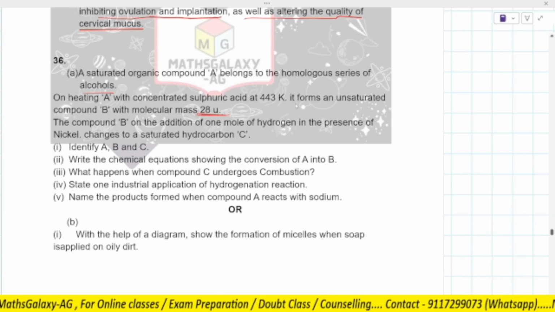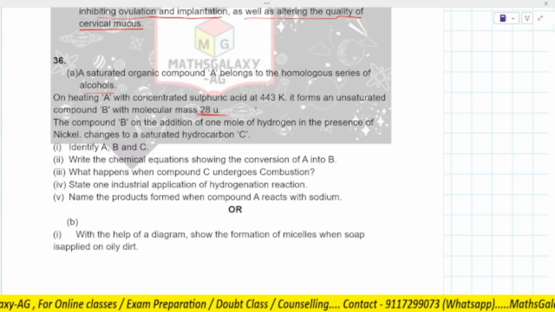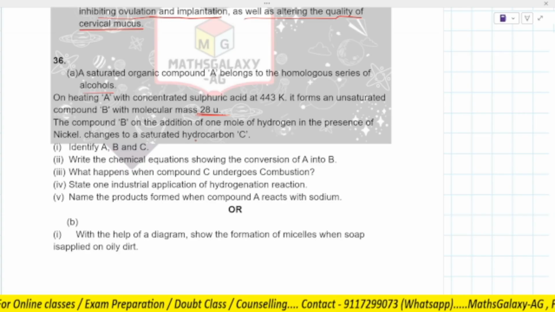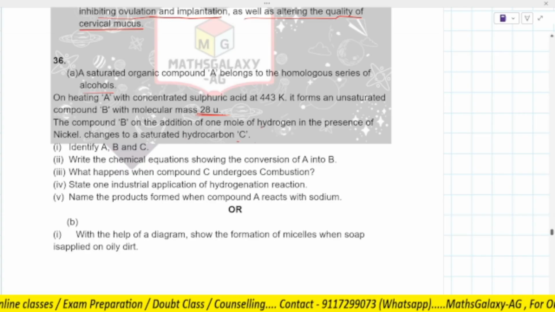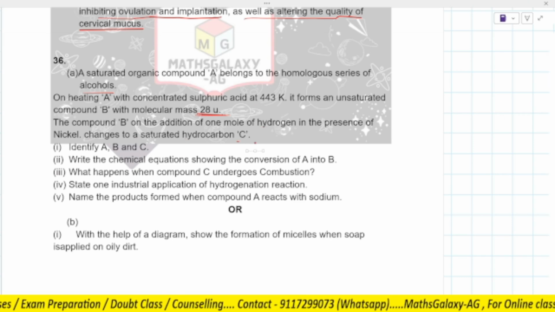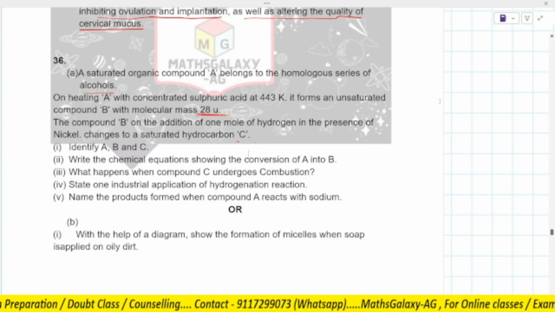The compound B, on the addition of 1 mole of hydrogen in the presence of nickel, changes to the saturated hydrocarbon C. So you have to identify A, B and C.